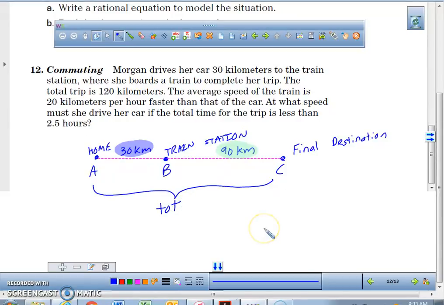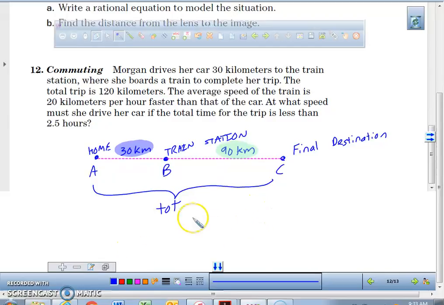By the way, we're still recording, just so you know, so you can hold off on conversations. All right, so the total trip was 120 kilometers. So now you have a little picture of what's going on. It's always good to draw pictures to help represent the problem, to help your brain understand what's going on.